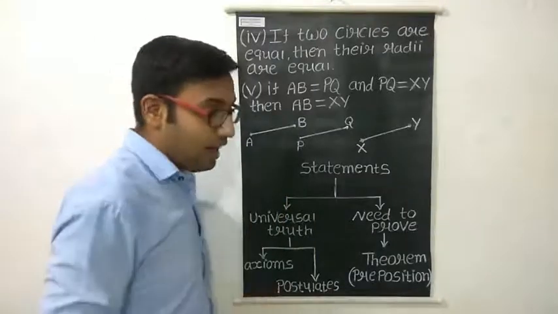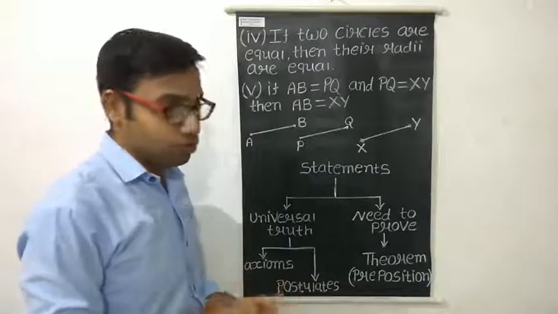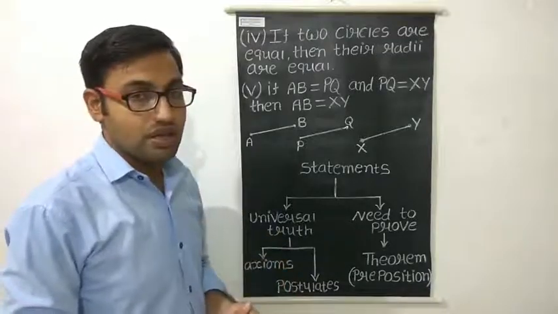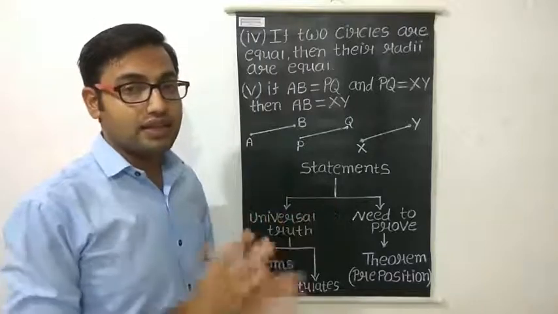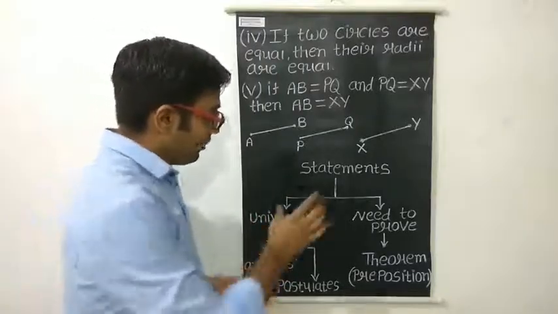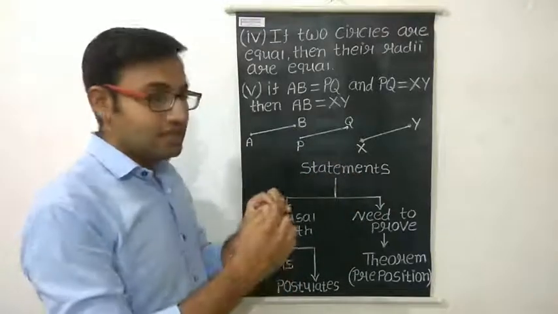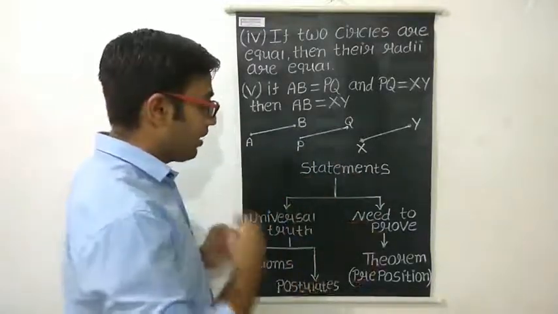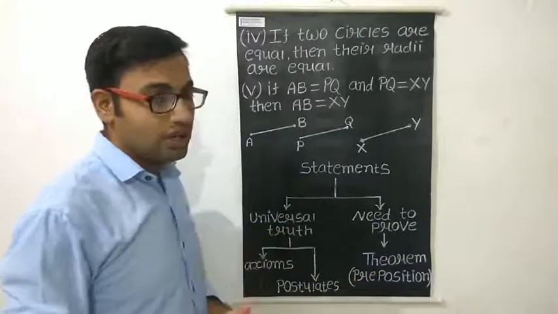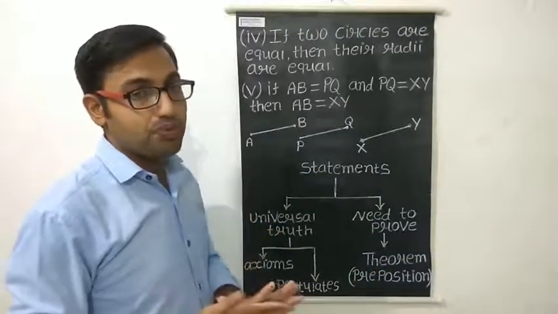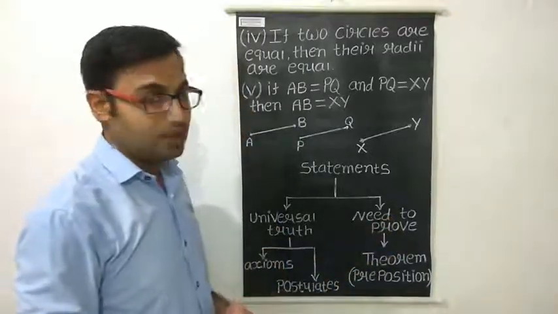So till now we have studied axioms, postulates and theorems. Let us clarify between all these things. The first thing is the statement. A statement is actually divided into two parts. Some statements are universal truths that we do not have to prove, and some statements need to be proved.